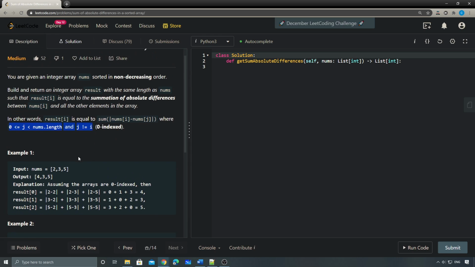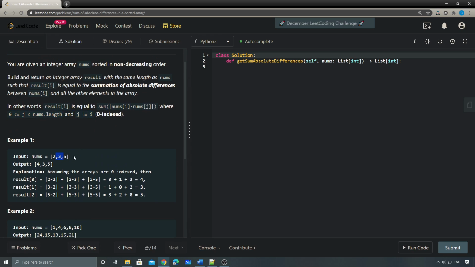For example, we have 2, 3, 5, and the result for 0 is of course 0, right? And then the second one is the diff with 2 minus 3 and then 2 minus 5. That's the absolute difference, and so on and so forth.